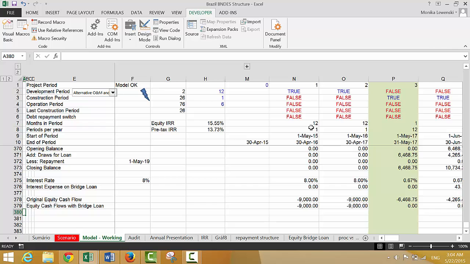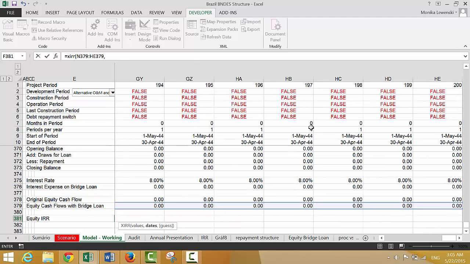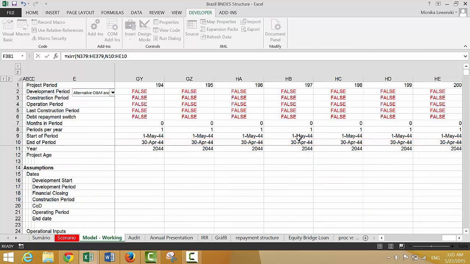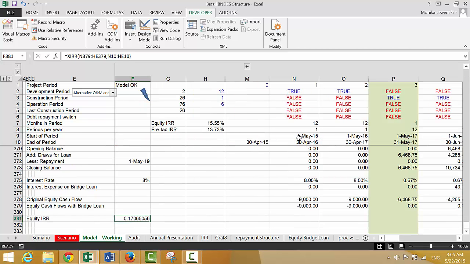And now let's just see. So if we put equity IRR, we can put XIRR and put the bridge loan in, and click on this one, and it made an enormous difference, I think.